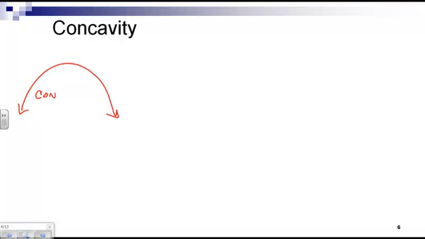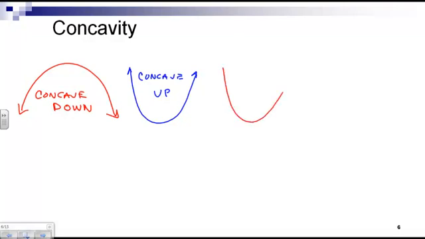This is concave down. This is concave up. This is concave up.